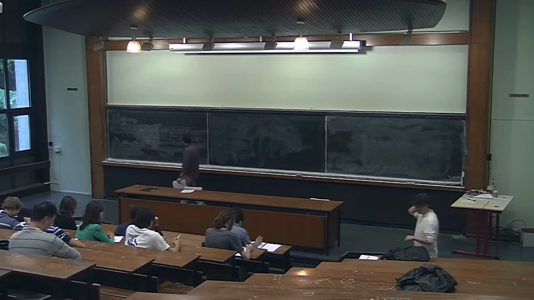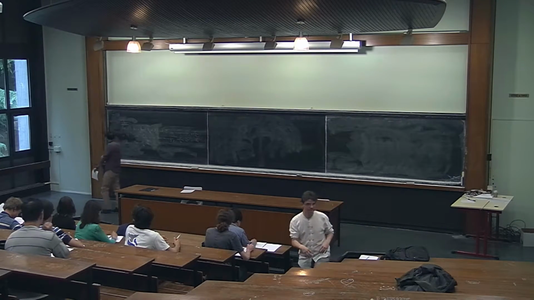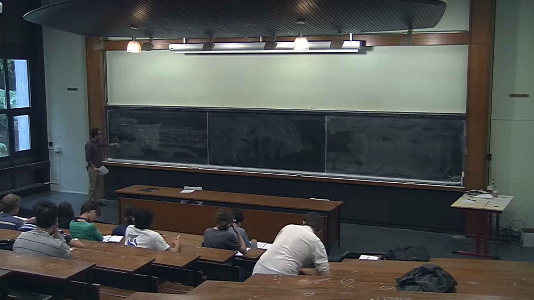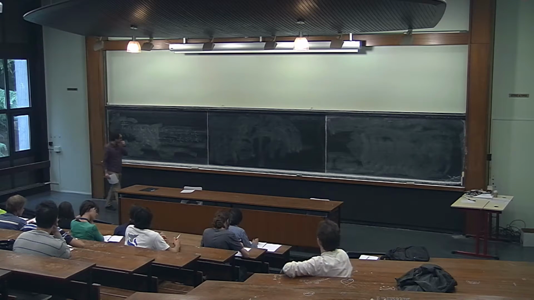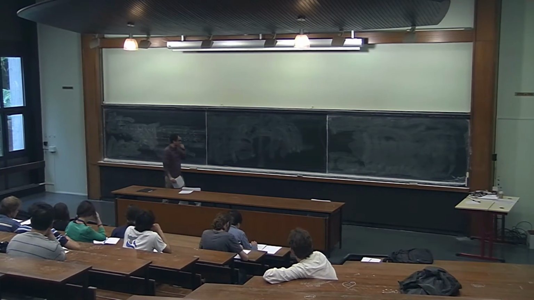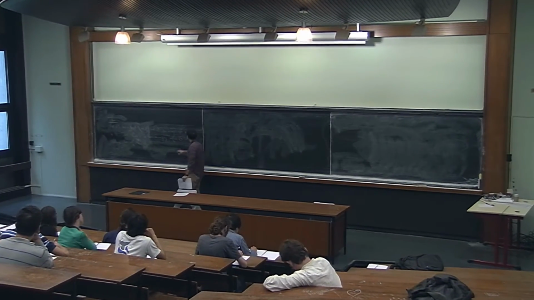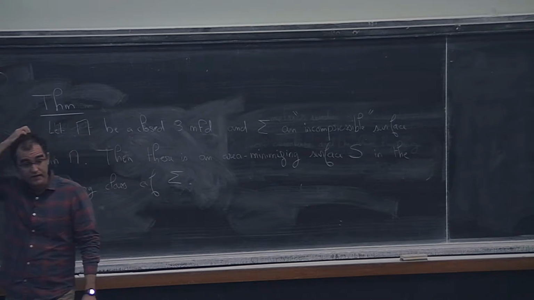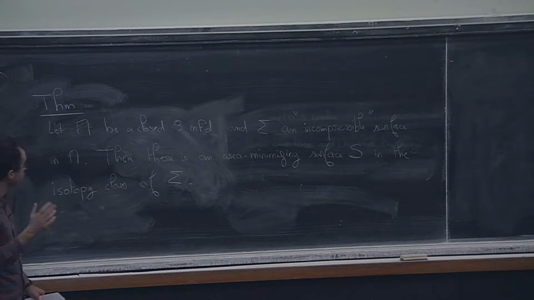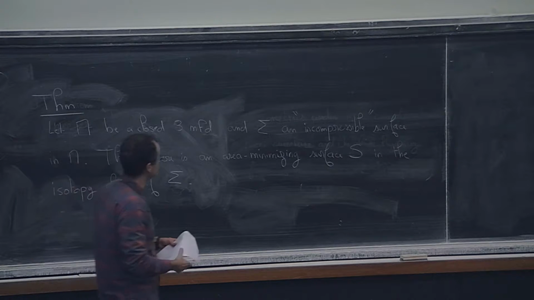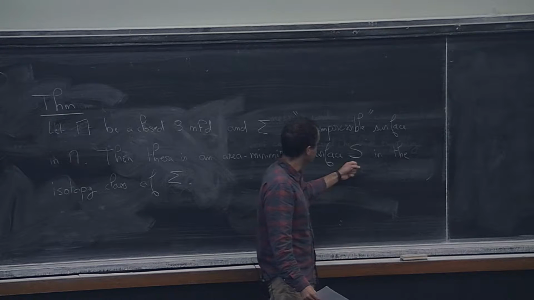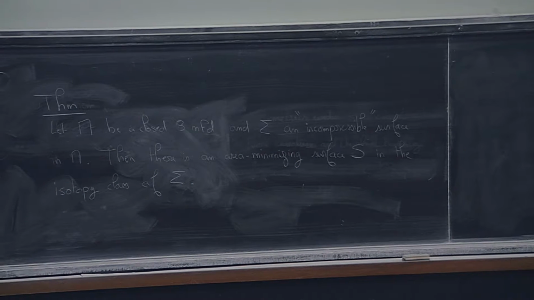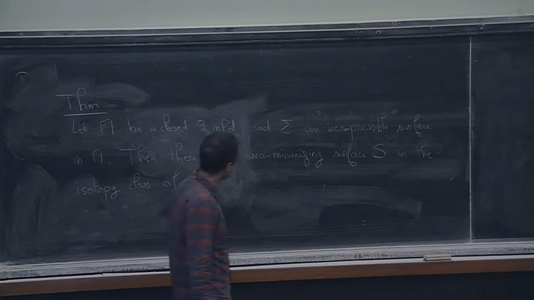Okay, so let's continue the lectures. Yesterday we saw a result, and in some sense formally this result tells us: if I have some surface sigma in my ambient manifold, I can try to minimize the area among all surfaces that are in the isotopic class of sigma and find something which is area minimizing, so minimal.